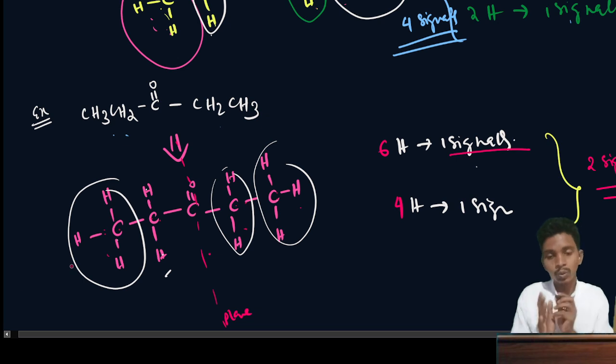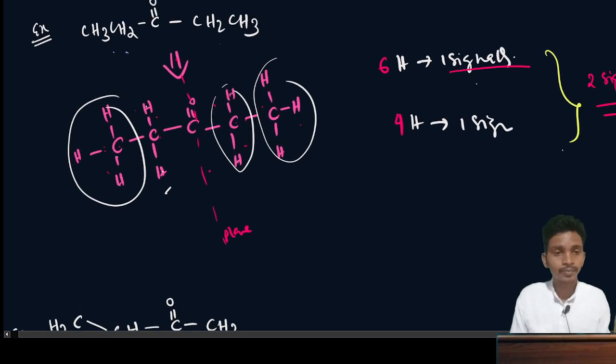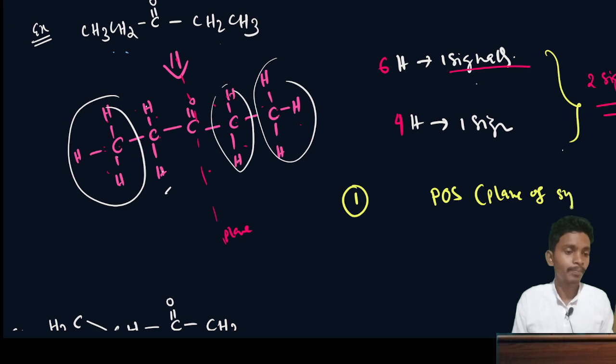Okay, so if a plane of symmetry is present, they will give the same signals. This and this give the same signal, and this gives the same signal. So to remember, first we look at whether a plane of symmetry is present or not. If a plane of symmetry is present, then they will give 1 signal.